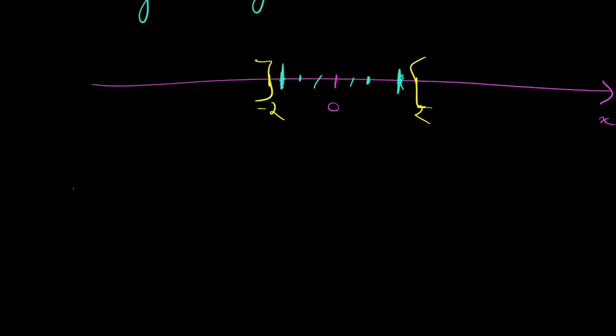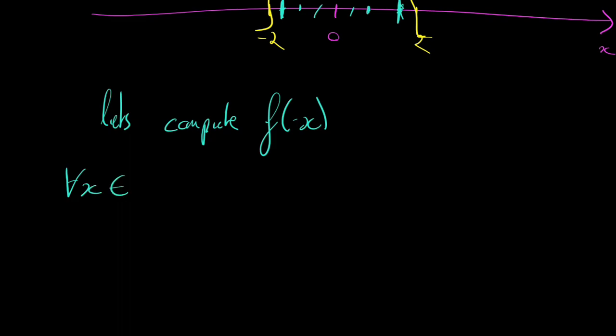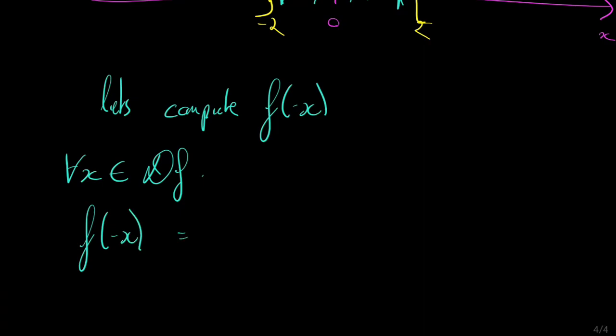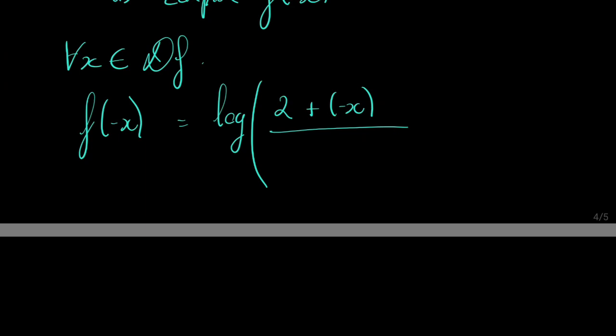Now let's compute f of minus x. So for all x in Df, f of minus x is equal to what? This is equal to log of (2 plus minus x) over (2 minus minus x), that is, 2 minus x over 2 plus x. Perfect. We develop.